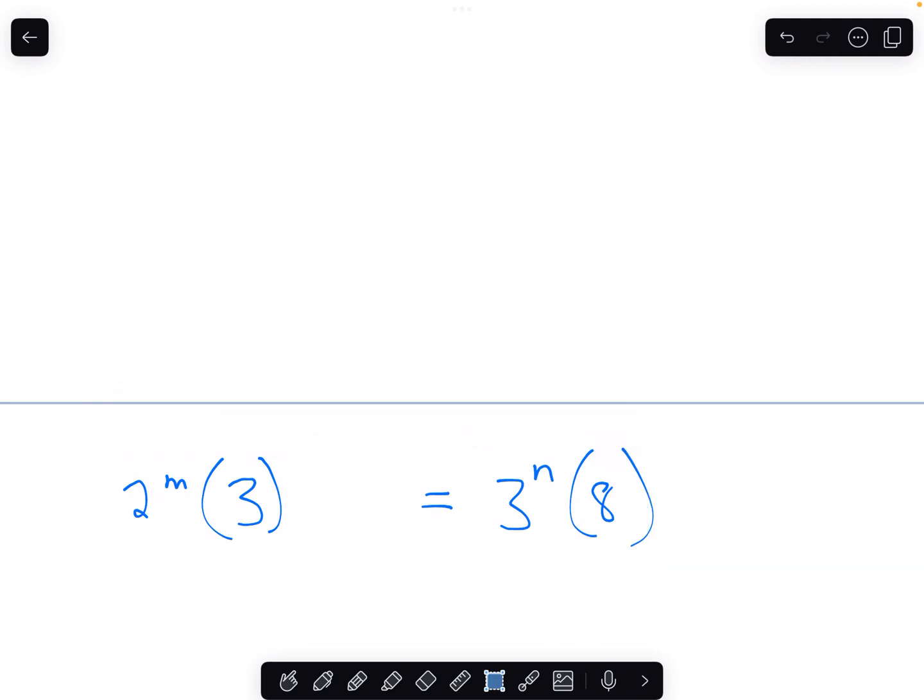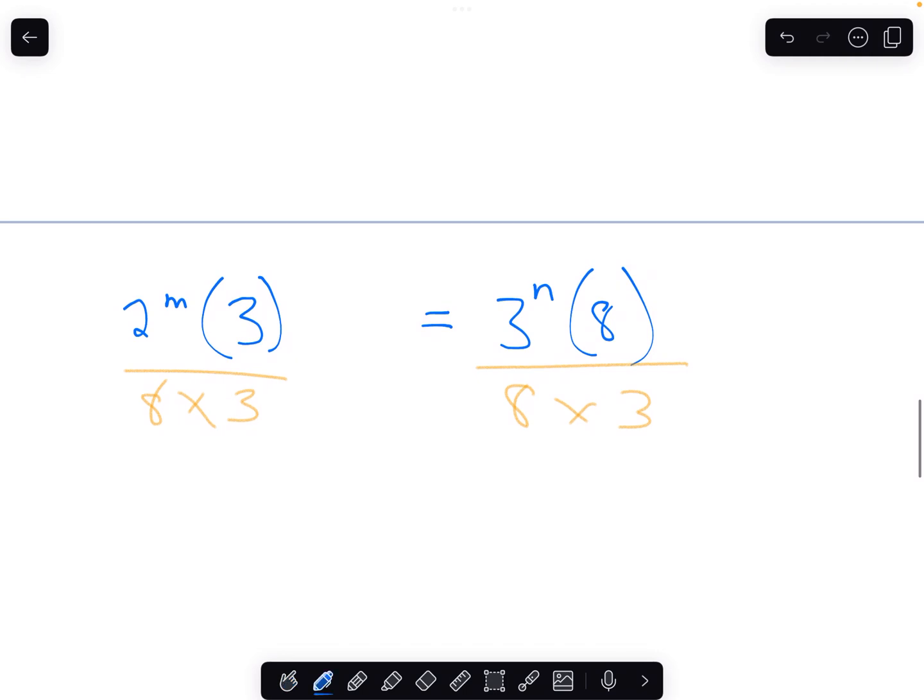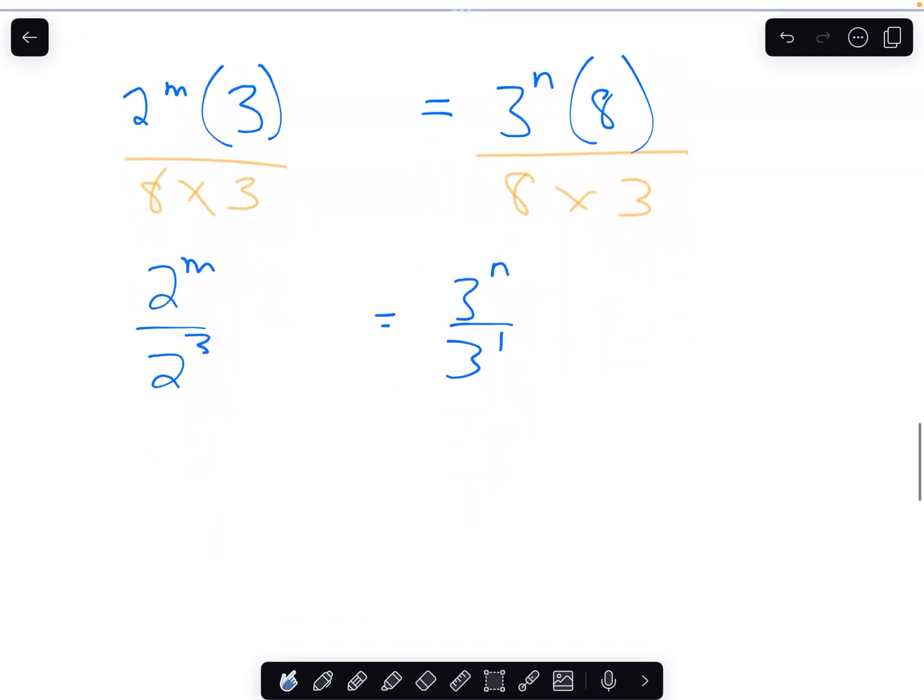They did the switch that I attempted to do, right? So we divided by 8 times 3 so that the 8's cancel here and the 3's cancel here. So basically move everything that's related to 2 to one side. So that would be 2 to the m over 2 to the 3, and here we'd have 3 to the n over 3 to the 1.